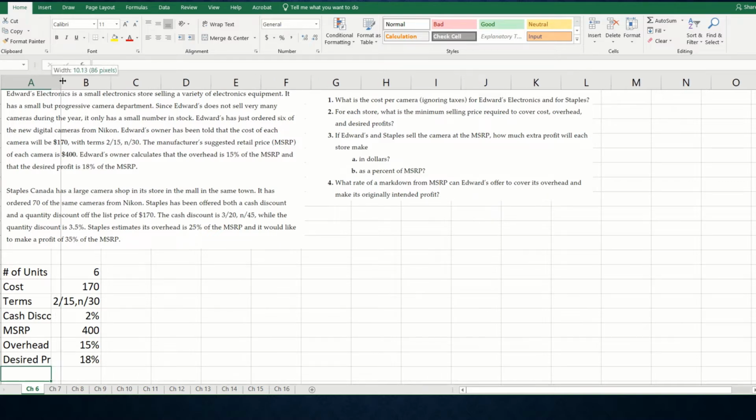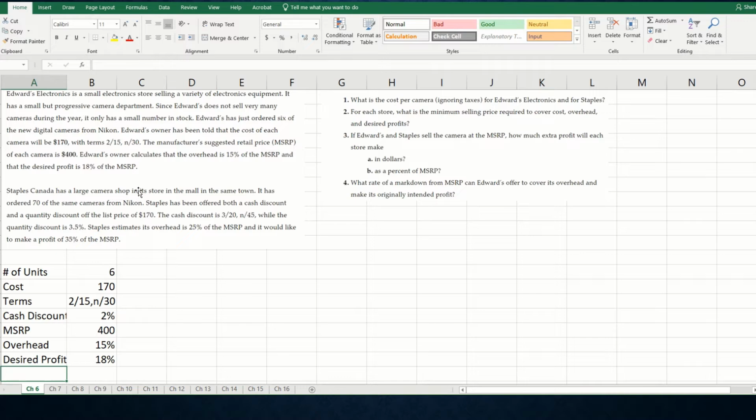Okay, so what I've done is I've just put the information in there. I wanted to follow the question. It's not necessarily the perfect order, but it's good enough. So this is going to be for Edwards, and then we're going to look at Staples.